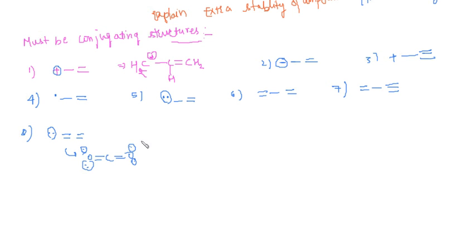Now if this lone pair is given to this, we see the resonance, so this is our conjugating structure. We will learn how to draw resonating structures. When it has a lone pair, it will give its lone pair, and this one will also give its lone pair, and now we get this type of structure. This is the example of the last one.